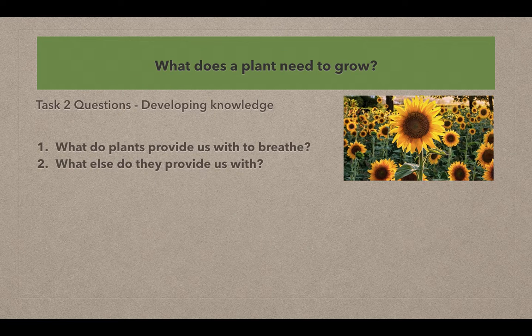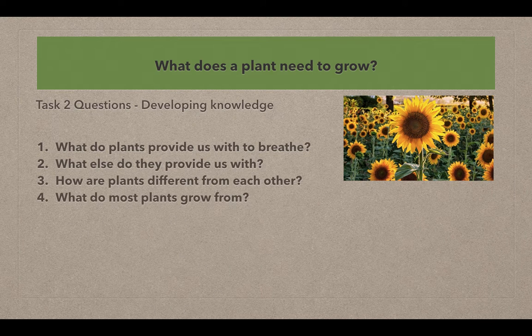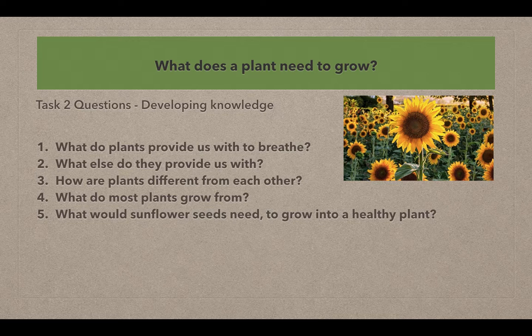2. What else do they provide us with? 3. How are plants different from each other? 4. What do most plants grow from? And 5. What would sunflower seeds need to grow into a healthy plant? I've given you a clue below.